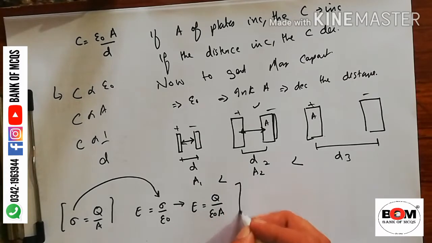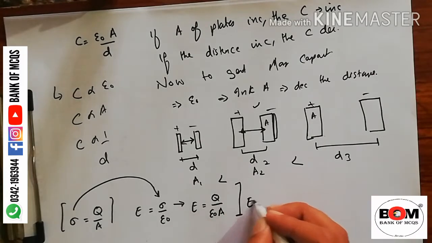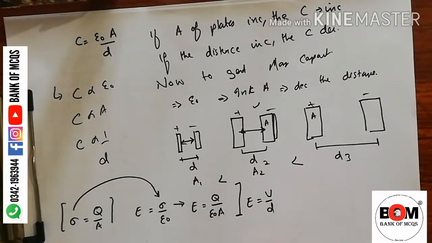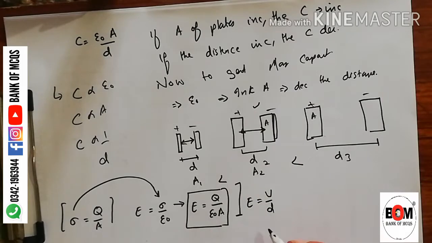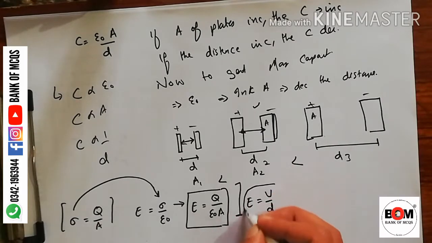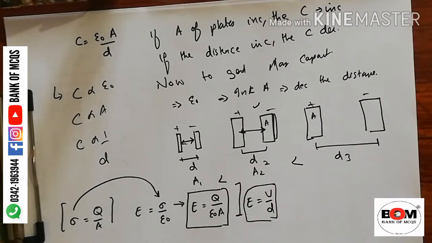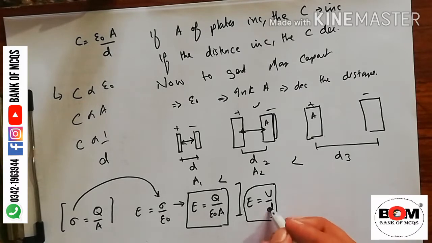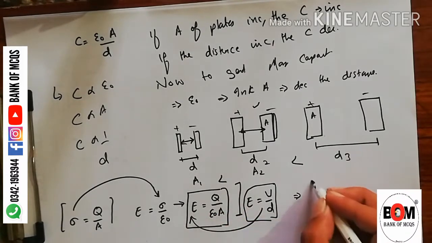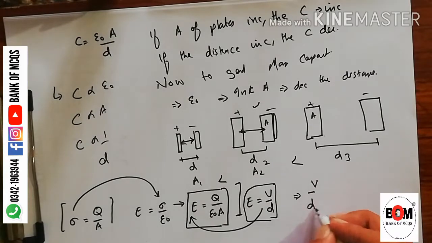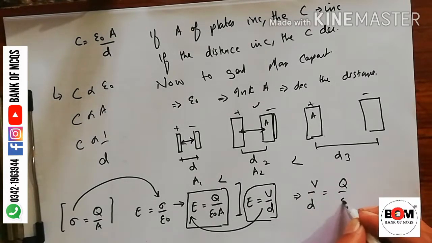We have another equation that E is equal to V divided by D. So we got two equations: E is equal to Q divided by E naught A, and E is equal to V divided by D. Putting V by D here, we get V by D is equal to Q divided by E naught A.